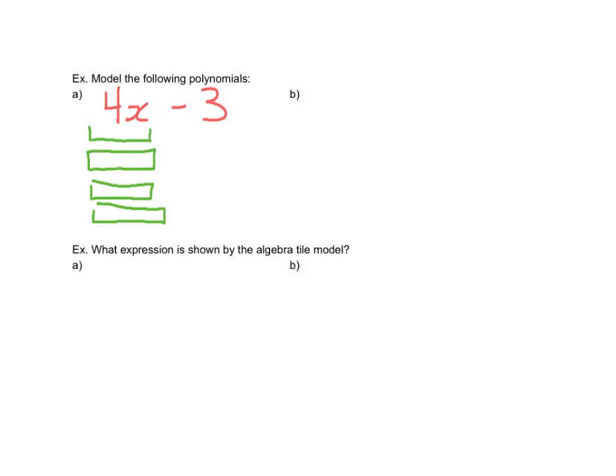Okay, so firstly, we are going to use them to model simple polynomials. So I will write a polynomial down. We will have 4x minus 3. Okay, so we will draw this out. 4x is represented by 4 x tiles, and remember, those are positive 4x, which means that each of them should be colored in.